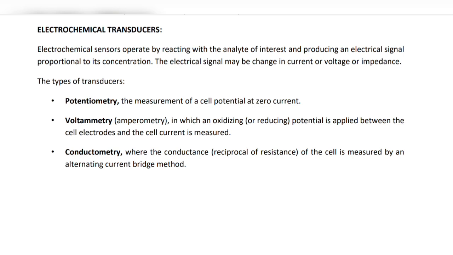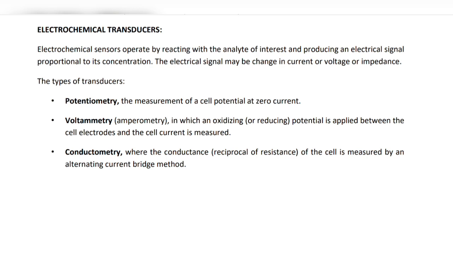So, electrochemical sensors operate by reacting with the analyte of interest and producing an electrical signal proportional to its concentration. Due to the interaction between the analyte and the receptor part, if there is any change in the electrochemical properties and the transducer produces an electrical signal, then it is called an electrochemical transducer.